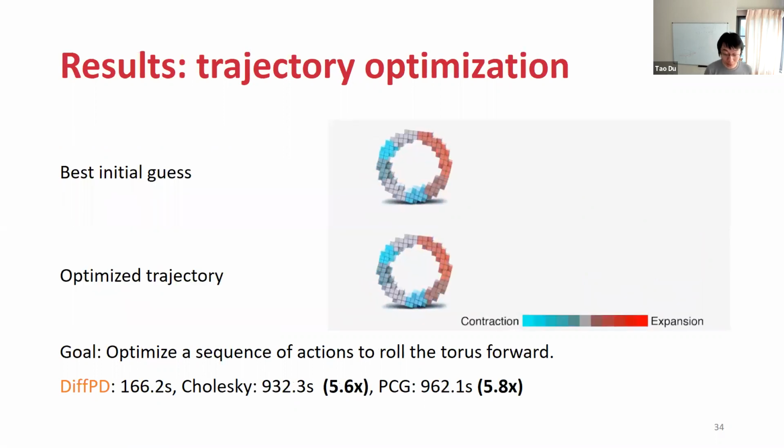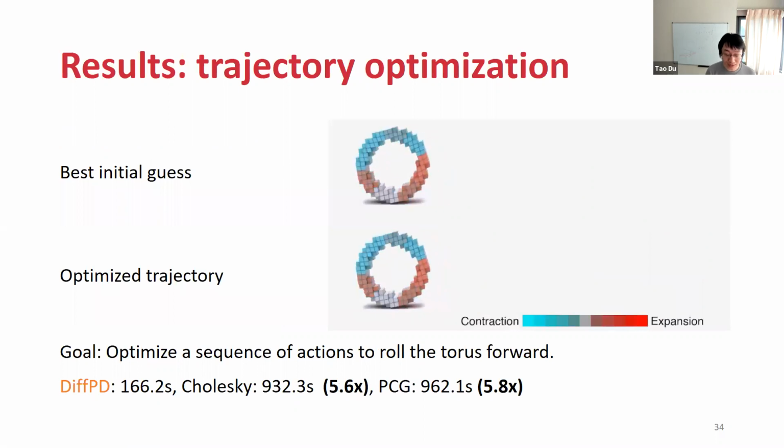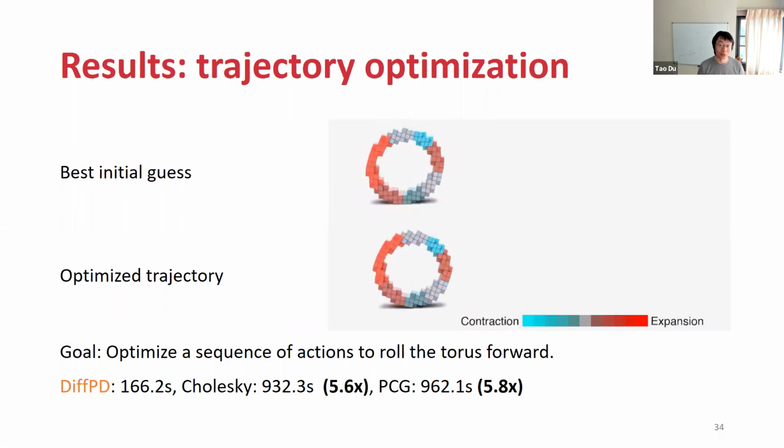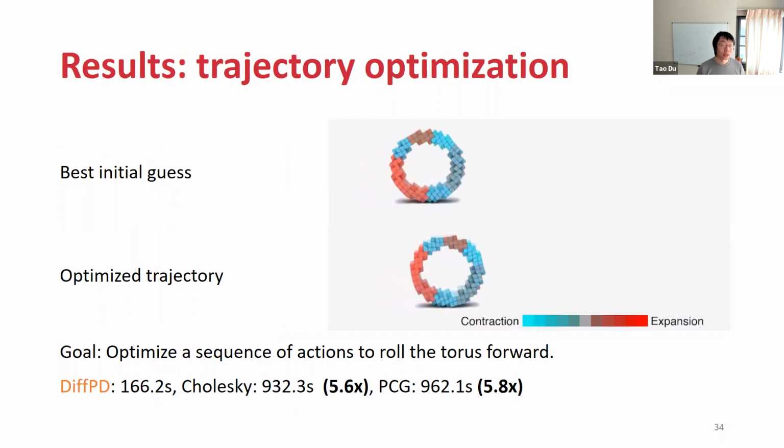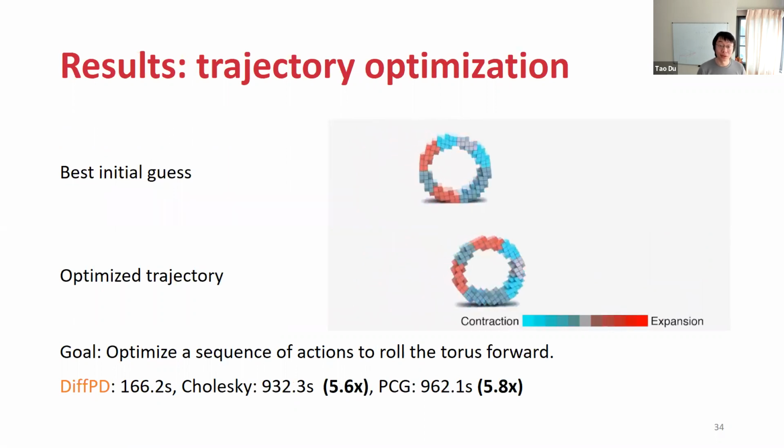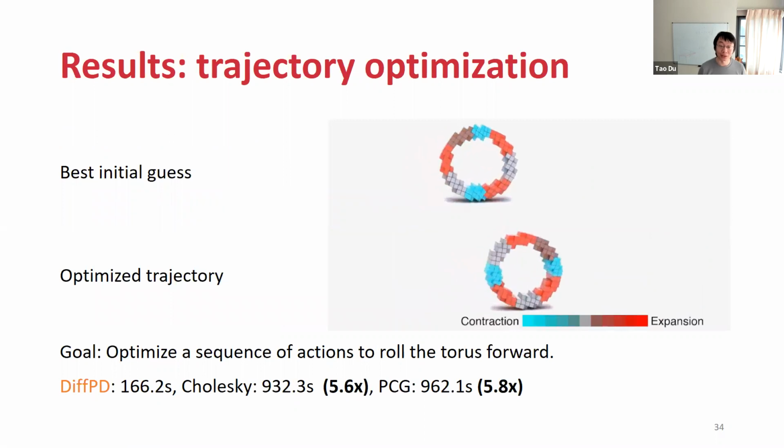So this brings up a lot of very exciting applications, and we can show that with this new differentiable simulation tool, we're able to speed up all of these applications significantly. The first one, which is also a very standard task in robotics, is called trajectory optimization.